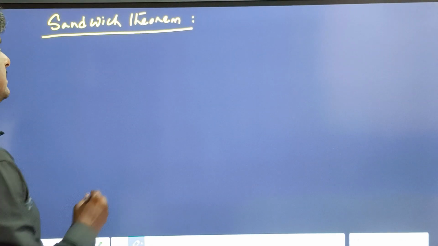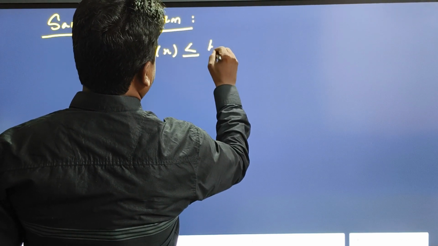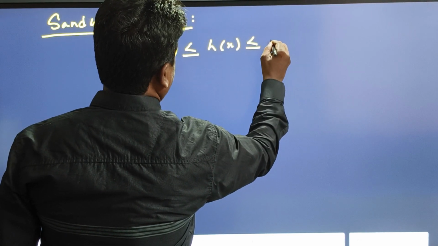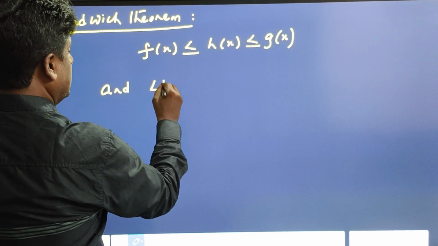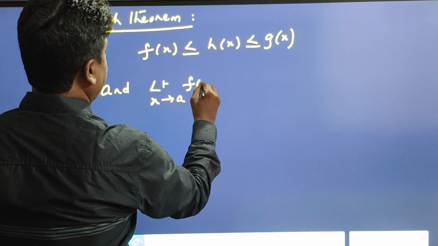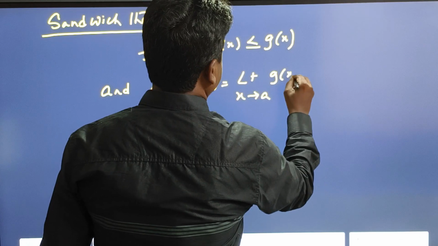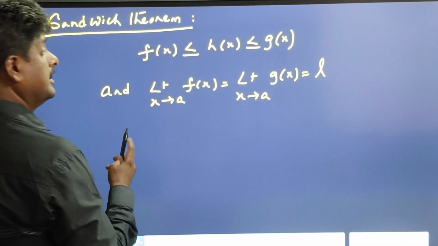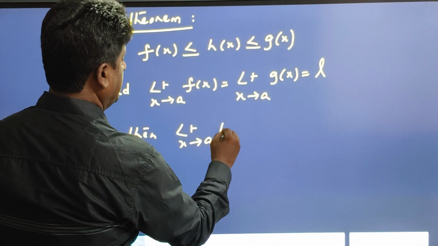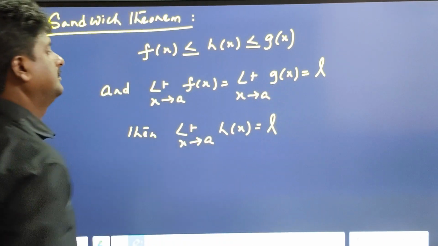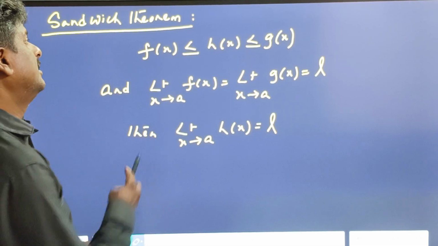Sandwich theorem says that suppose three functions satisfy this condition, f of x less than or equal to h of x less than or equal to g of x, and limit x tends to a f of x is equal to limit x tends to a g of x is equal to L, then limit x tends to a h of x is equal to L.